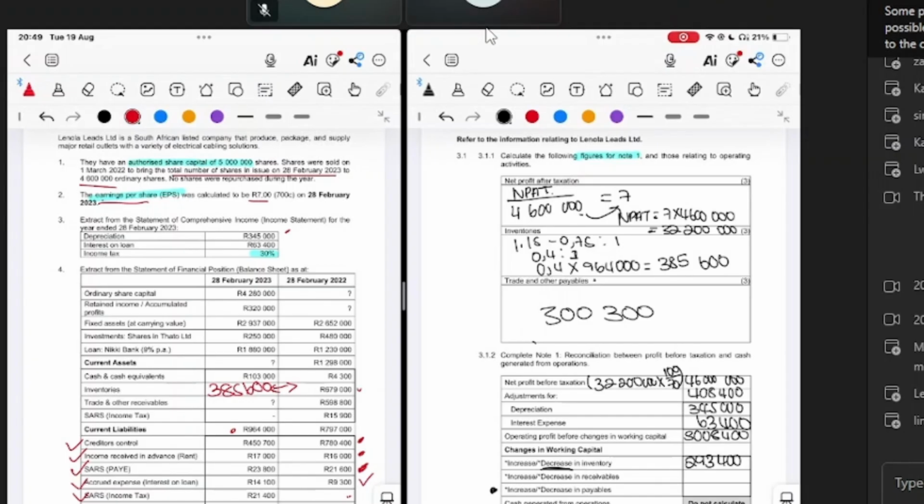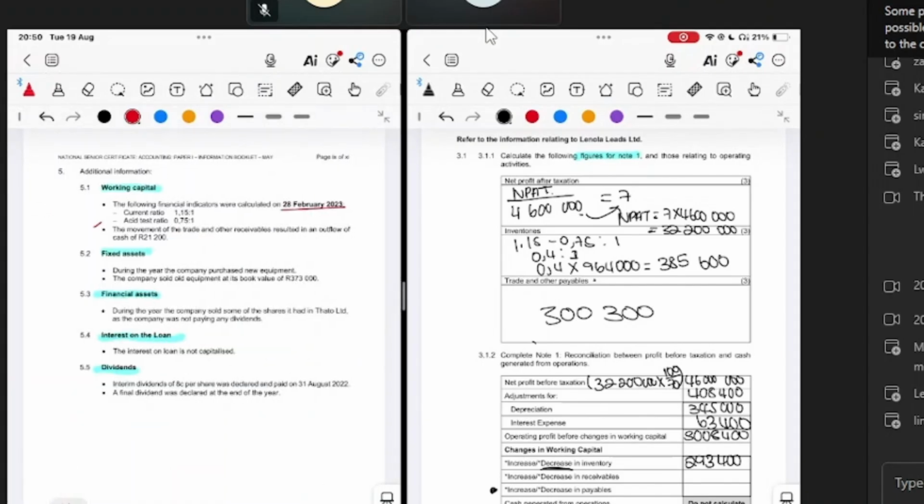Then we get to our receivables. Trade and other receivables, we need to calculate those. We have our cash and cash equivalents and our inventories, and we're looking for trade and other receivables. If you remember, we were given our current ratio of 1.15 to 1. So if we take our current liabilities and multiply that by 1.15, that will give us our current assets.